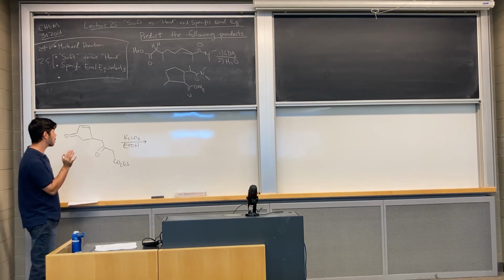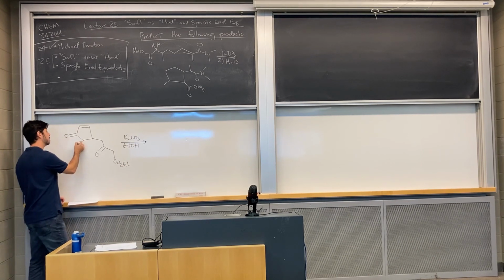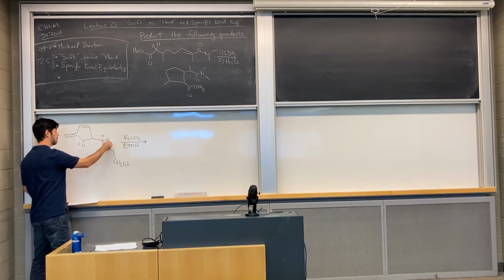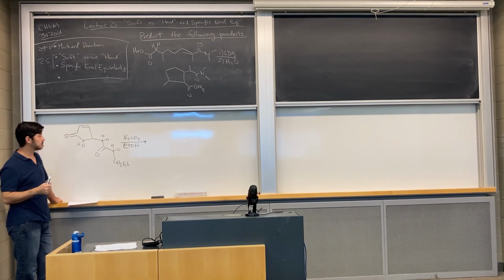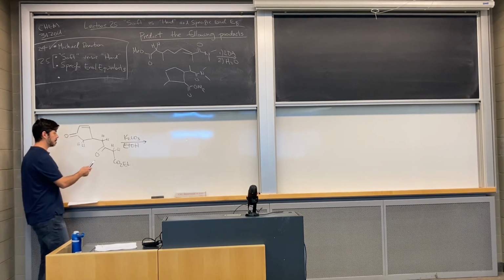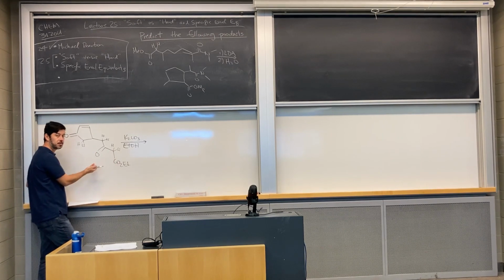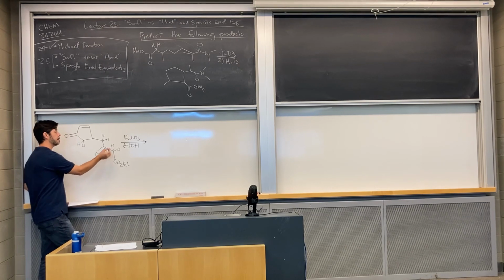Again, let's look for potential acidic protons. We have a set here, a set over here, and a set over here. Now the most acidic protons are which ones? The most acidic protons are the ones between these two carbonyl groups. You can see that these ones are going to be much lower in pKa because you can resonance stabilize the negative charge through both of these carbonyls. So this will be the carbanion that forms.